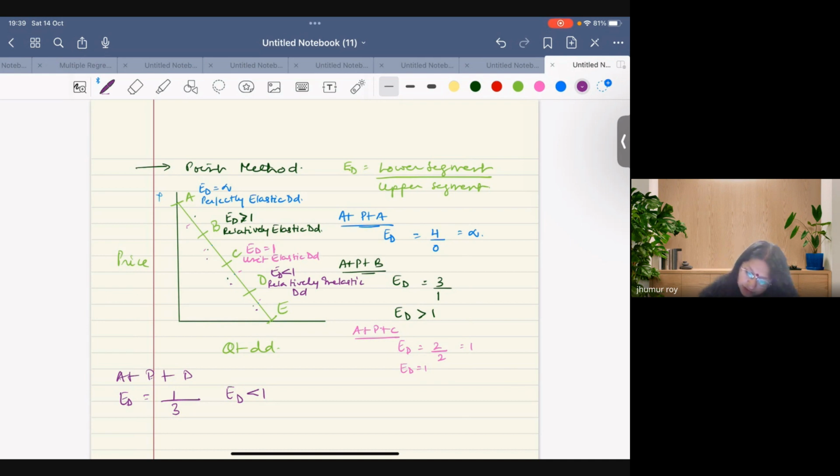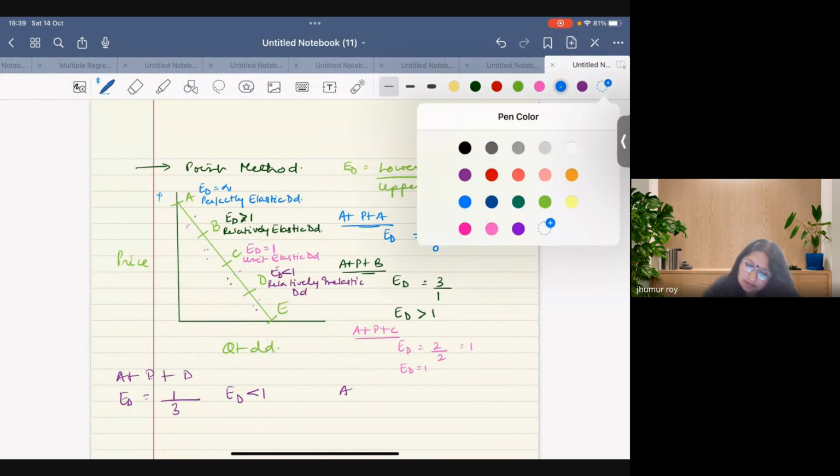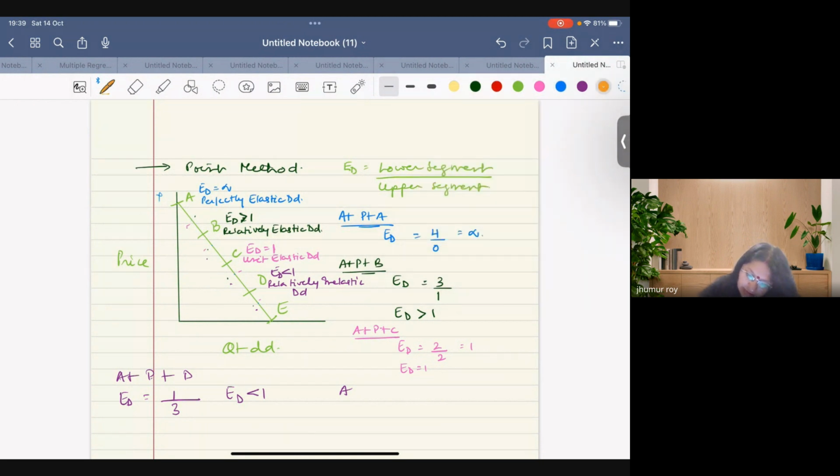The last point you take is at point E. Elasticity of demand is, there is 0 here, nothing. So 0 upon 1, 2, 3, 4.